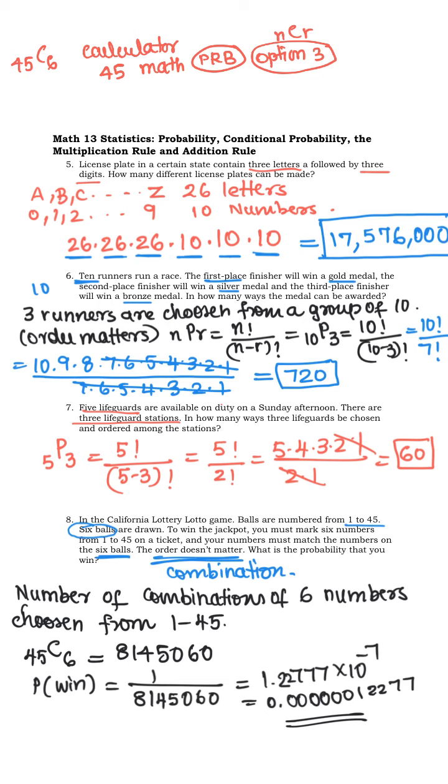If you want to find the nPr, that is option 2. Okay. Then enter 6. Then press enter again. You will get the value.